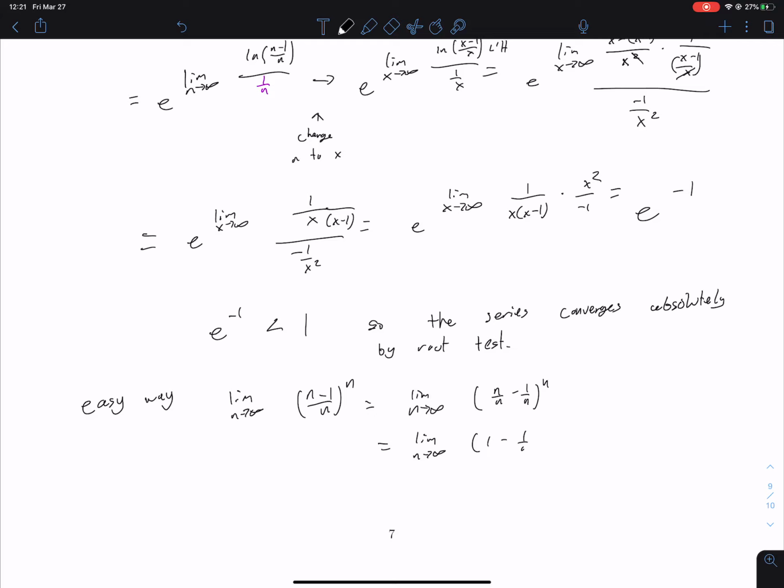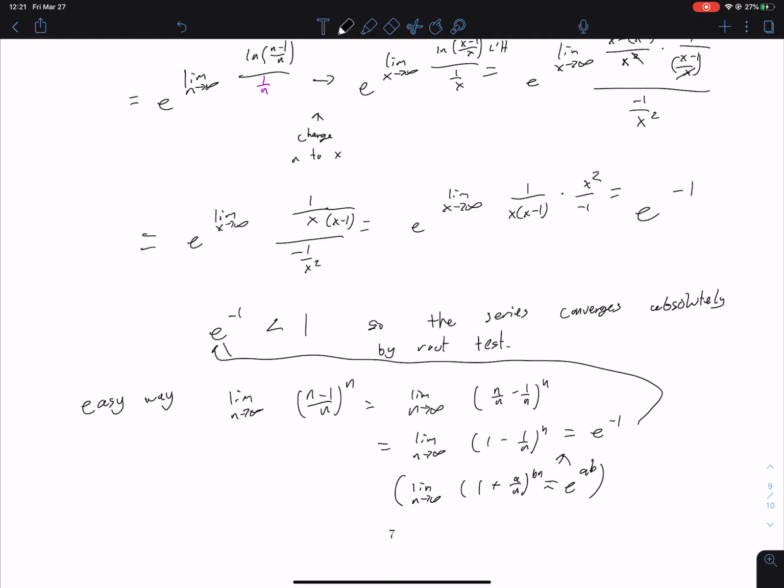And now I'm going to use the formula that the limit as n goes to infinity of 1 plus a over n to the bn is e to the ab. So this is e to the minus 1. So this tells me that. Okay, and then that goes back here. Both ways are okay. Great.